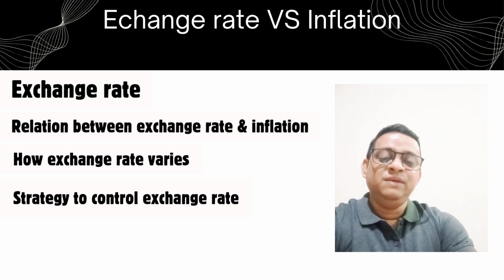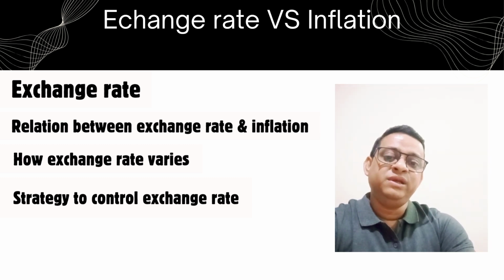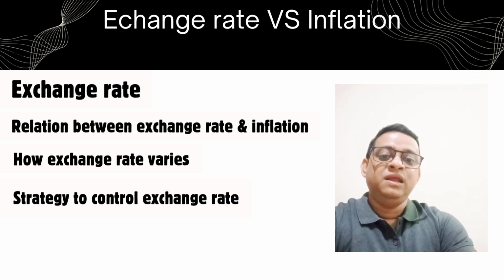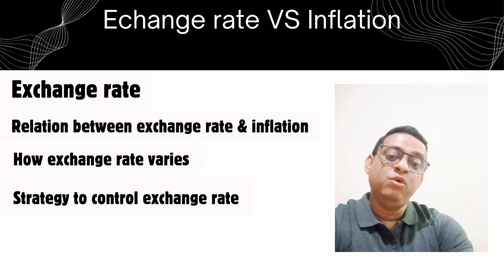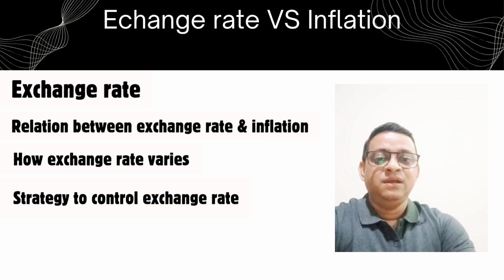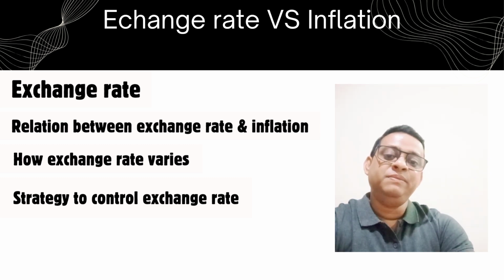Now, if the exchange rate varies, what will happen? It can happen both ways. If the dollar appreciates, that means if I want to purchase the dollar, I have to expend more money. Suppose today I am expending 83 rupees.